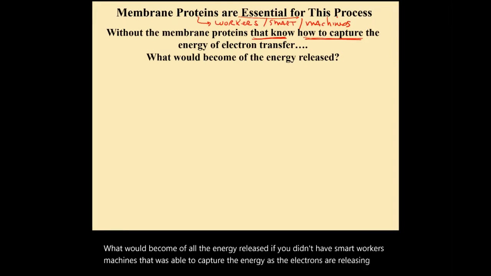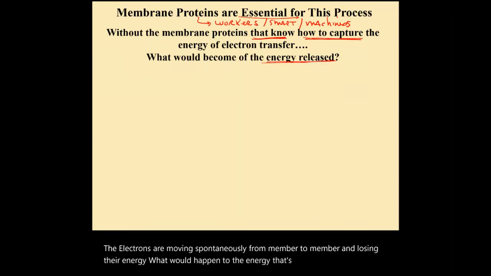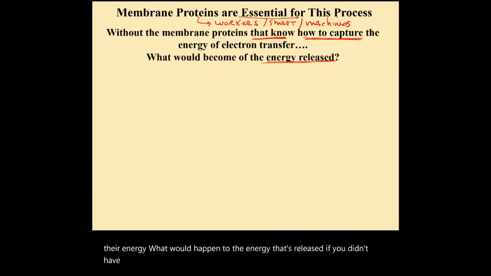The electrons are moving spontaneously from member to member and losing their energy. What would happen to the energy that's released if you didn't have these machines in the membrane that knew how to capture the energy and do some kind of work with it? What happened to it? What does the Queen say? It will be wasted. Excellent. It will be wasted energy.